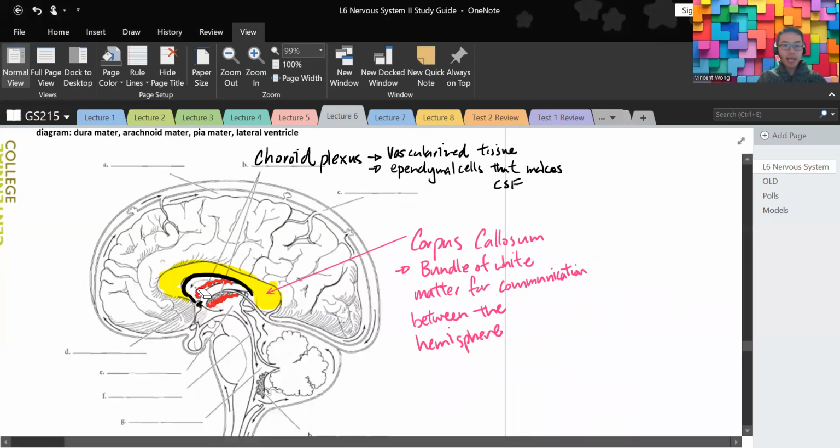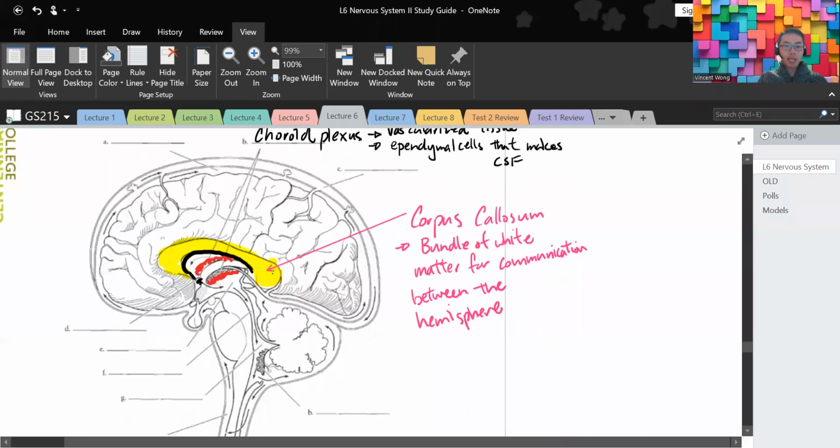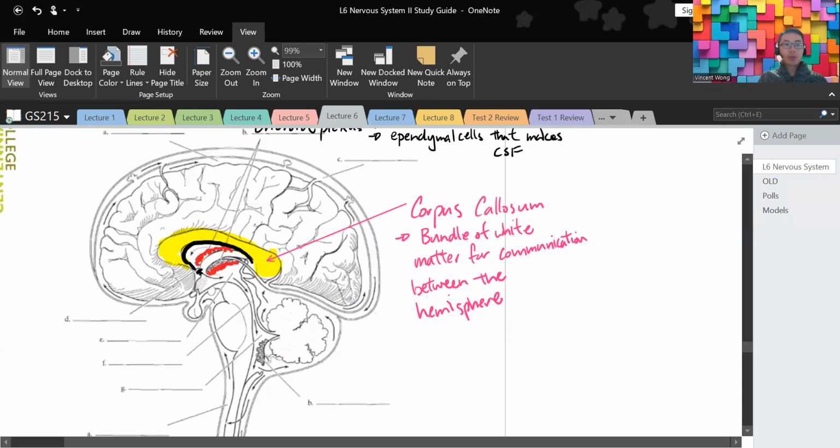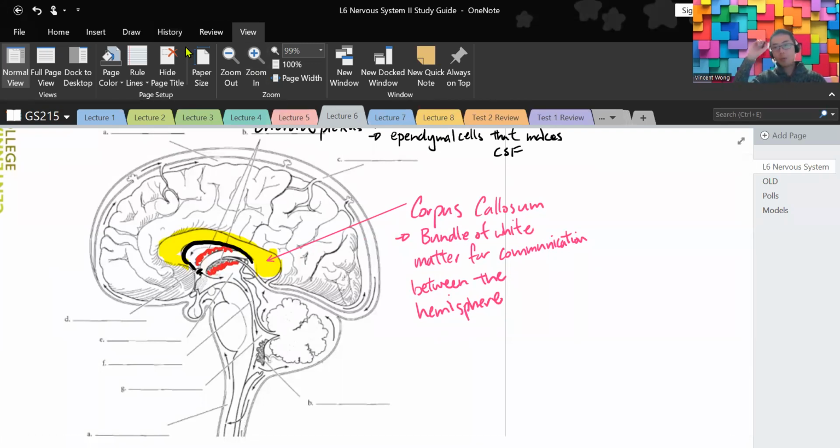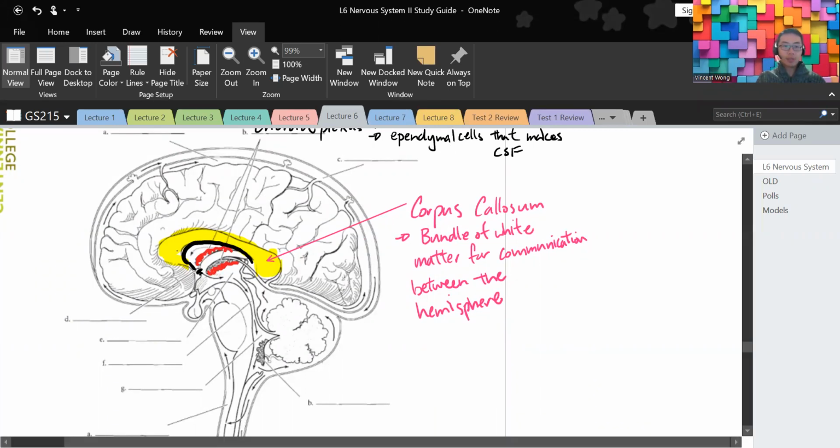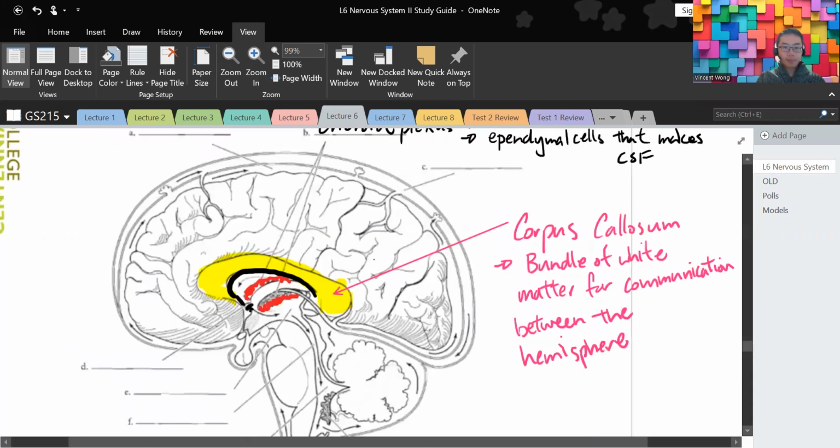Now, once you've made the CSF, it's going to fill up the entire lateral ventricle, and then it's going to flow down to the third ventricle. You have two lateral ventricles, one inside each of the hemispheres, so 1 and 2. And then the third ventricle is down here.